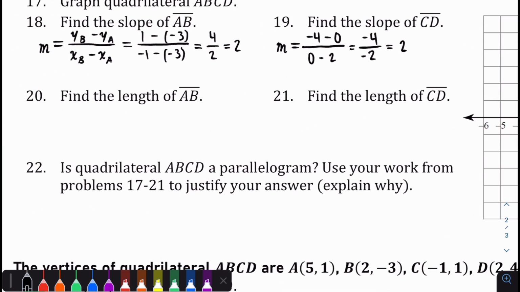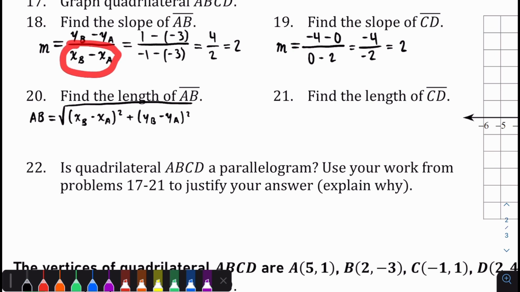Let's look at number 20. Find the length of AB. So we're going to use the distance formula for that. And if you'll notice, I already did x sub b minus x sub a, and I got 2.